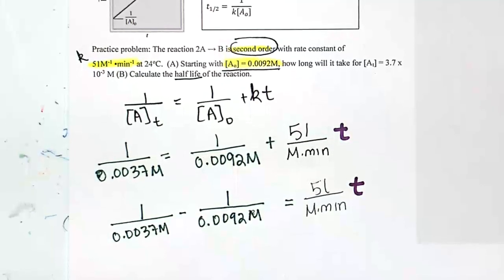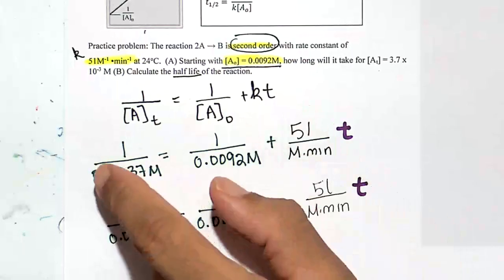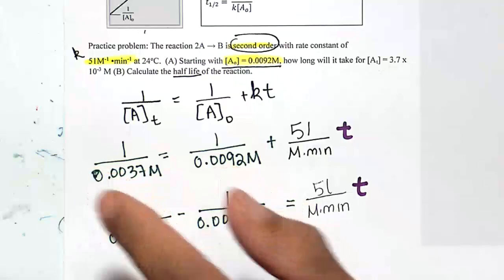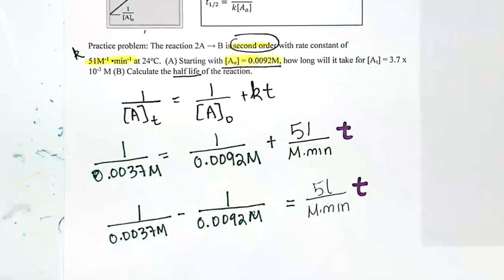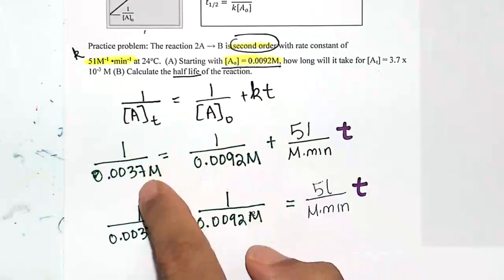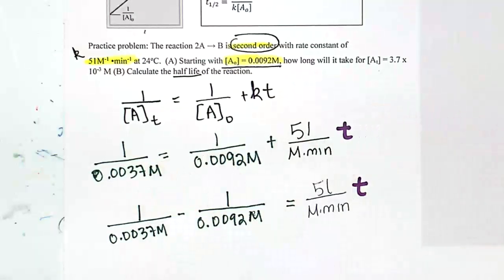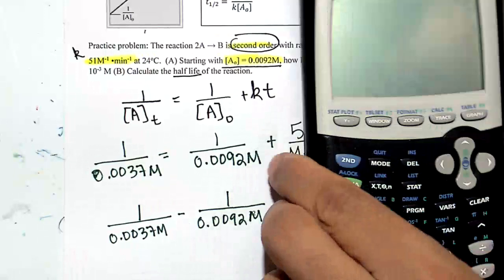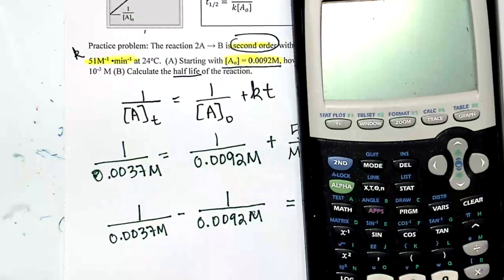Good. We're just plugging and chugging. I moved the 1 over 0.0092 to the other side of the equation. What is this on our calculator?